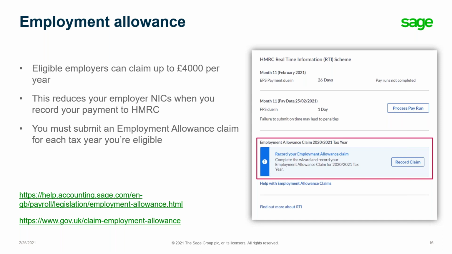Now, to check whether you meet the criteria, you can check on the gov.uk website, and if you are eligible, you will need to record the claim each tax year you're eligible within your software. So you'll see there is a section for this on the payroll summary, which I've highlighted on the slide.